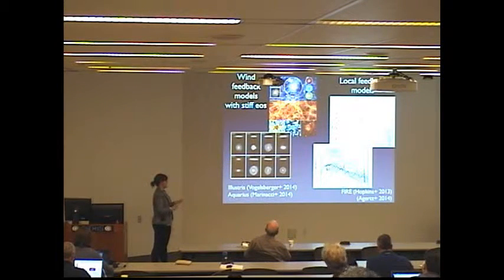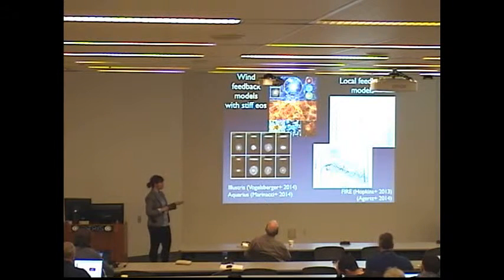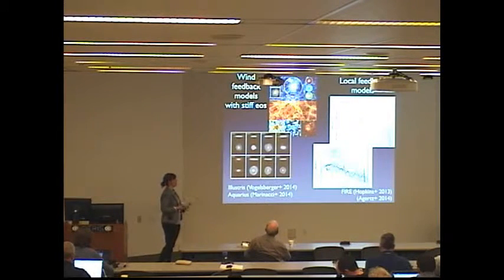Of course, you've been able to apply this to very large volumes, such as in the Illustris simulation, but of course it has limitations. If you want to understand how winds entrain material as they come out of galaxies, this kind of model can't really help you.